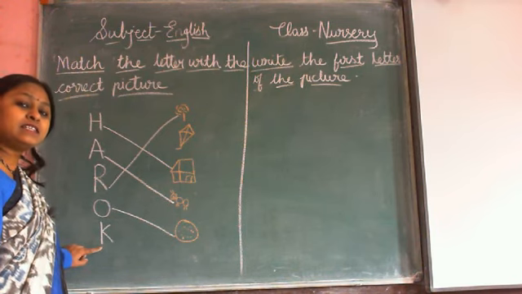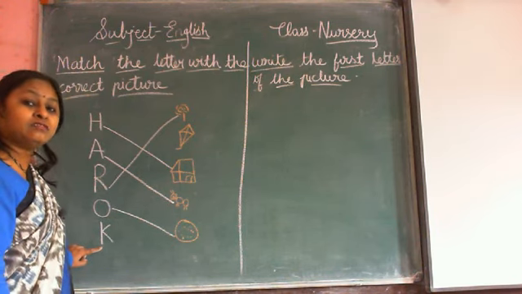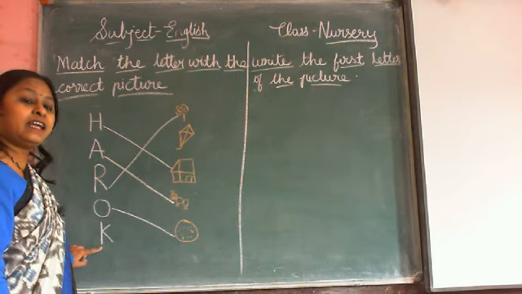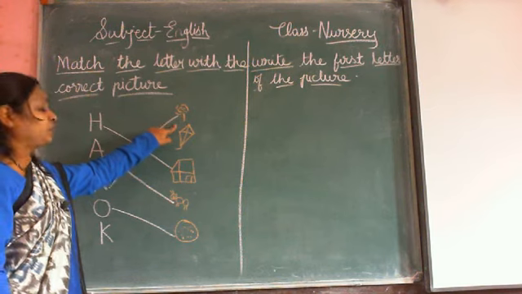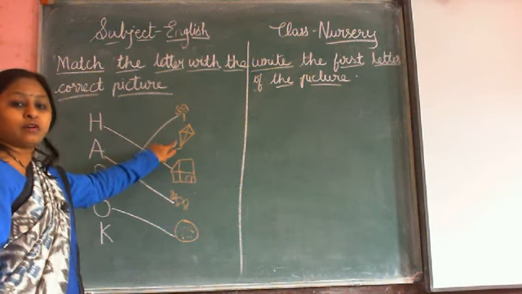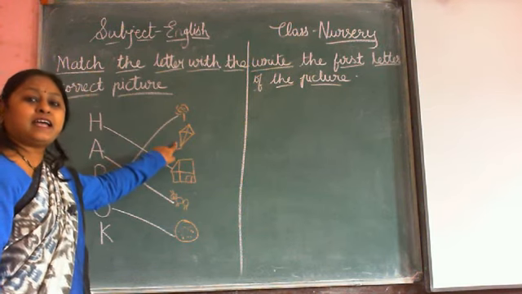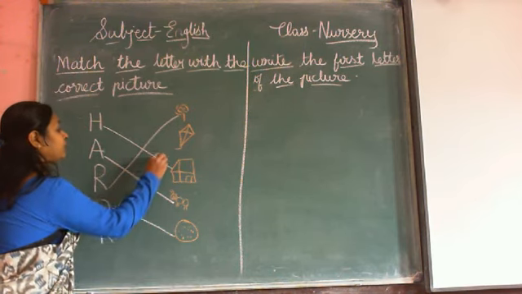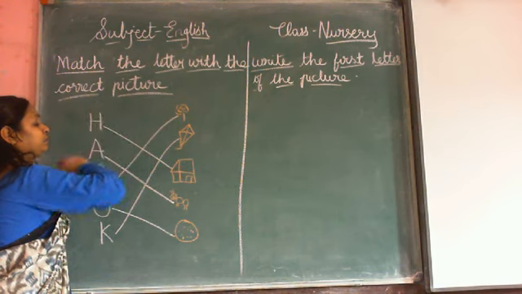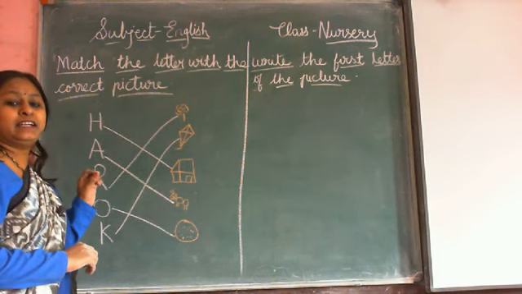Which letter is this? K. So K for rose? No. K for kite? Yes. So we will match K with kite. Picture of kite.